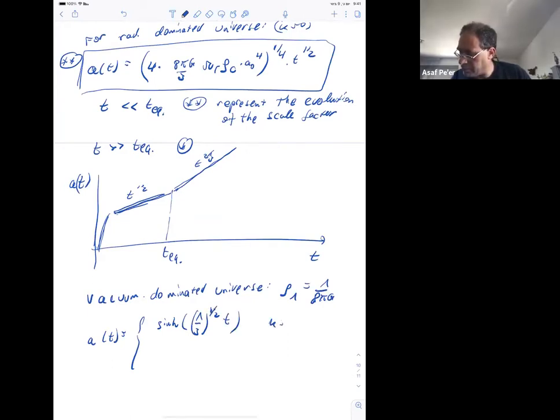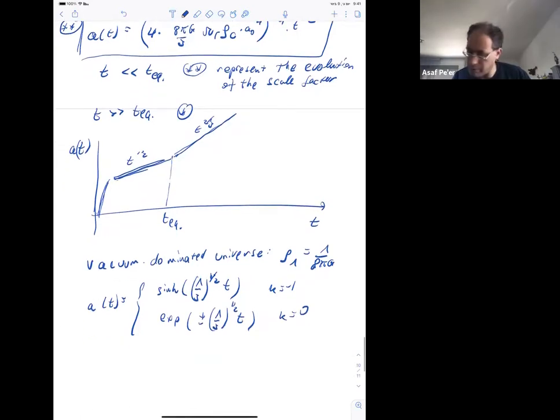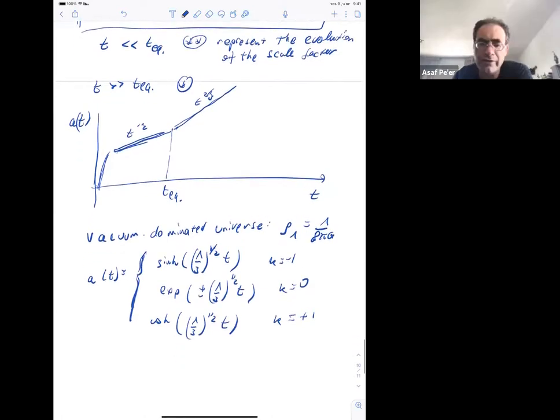For k equal to -1, and then it's exponent of plus minus (lambda over 3) to the power 1/2 t for k equal to 0, and then it's a cosine hyperbolicus of (lambda over 3) to the power 1/2 t when k is equal to +1. Now, in fact, it's the same universe, just with different coordinates. And all of it has a name. These are all called the de Sitter space.